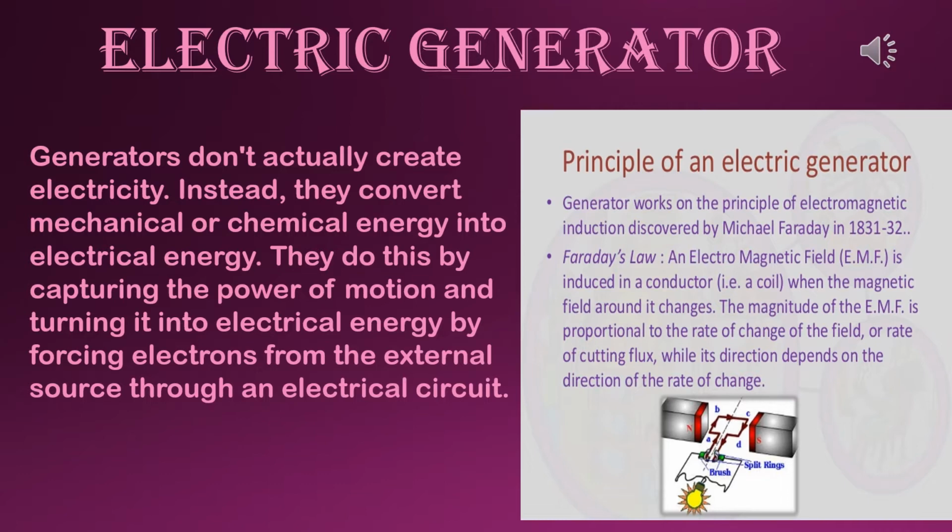The magnitude of the EMF is proportional to the rate of change of the field, or rate of cutting flux, while its direction depends on the direction of the change. These two are the basic principles of an electric generator. Faraday's law, you know it because I told you before.